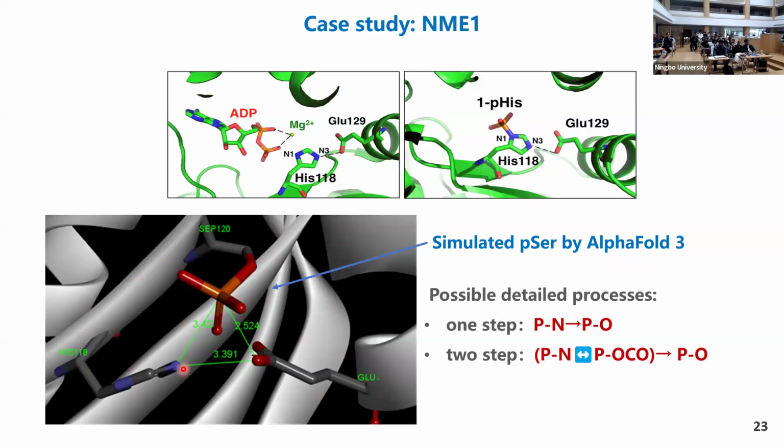They are very close, and from a chemistry view, they can form a phosphate transfer among all three, maybe by a delayed strategy or directly. So in one step, you can go from the nitrogen phosphorylation on the histidine to the oxygen, or from the carboxyl to the oxygen, or first from nitrogen to the carboxyl, and finally to the oxygen.